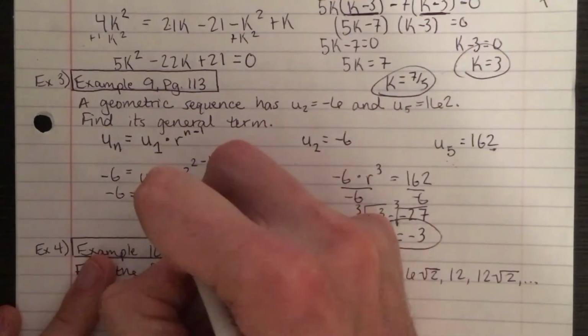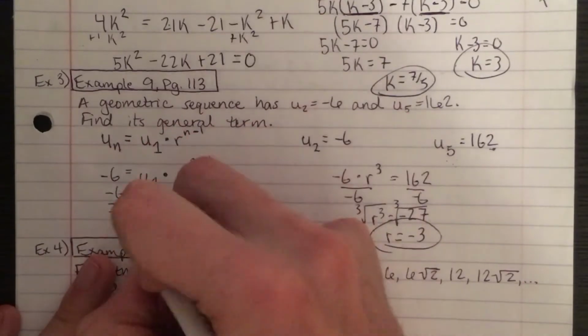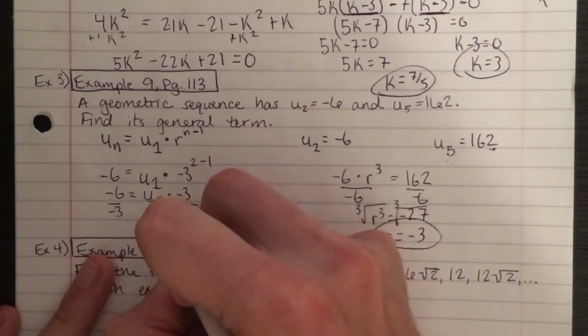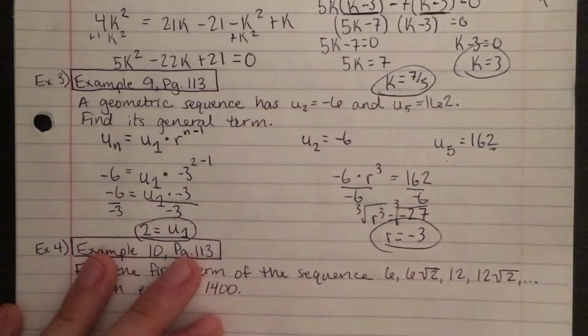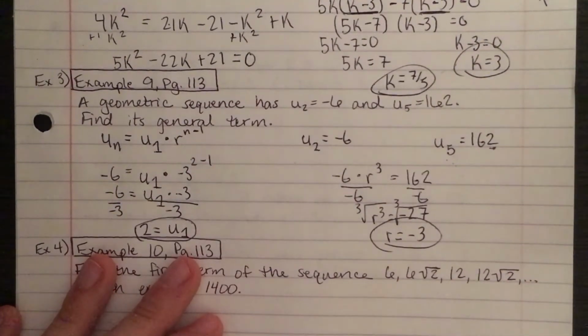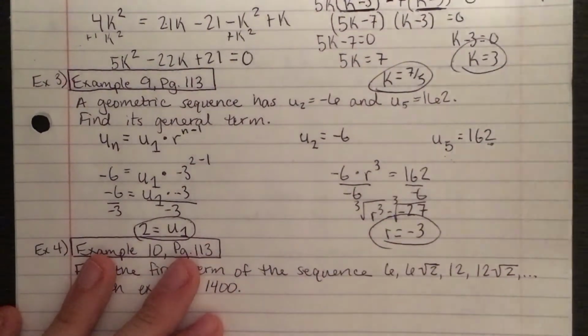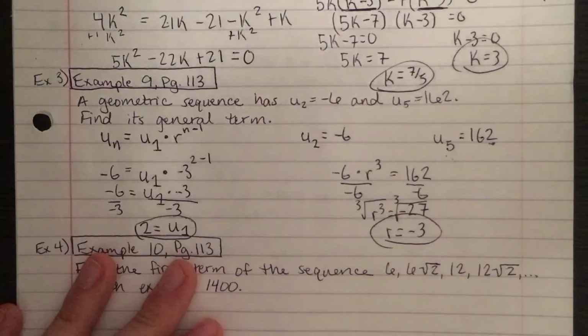We're going to divide by -3 to get that the first term is 2. And you're probably thinking, Mr. Price, I looked at that and I knew it was 2. Awesome. But I like to promote some fluency, to make you think about why this formula works the way that it does.